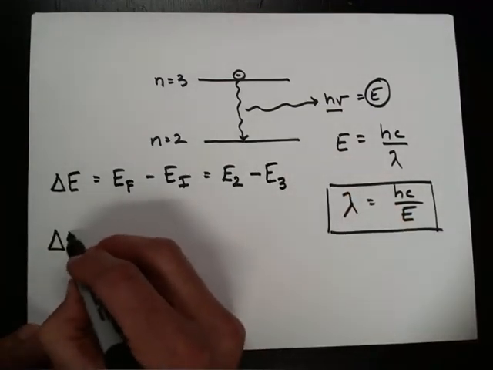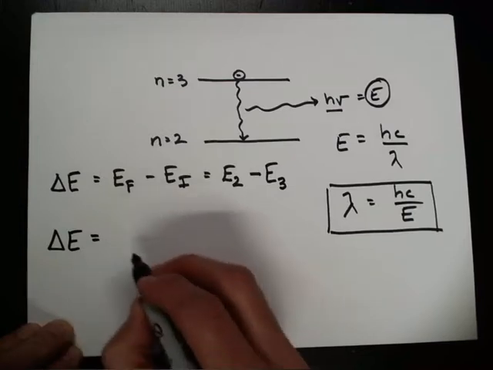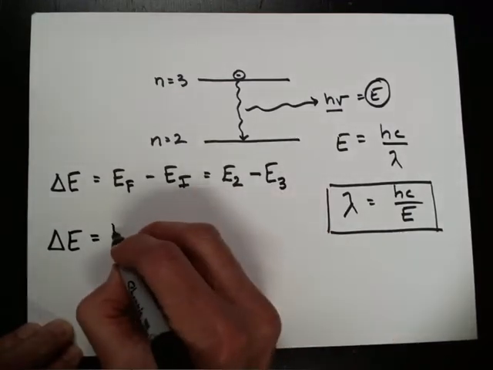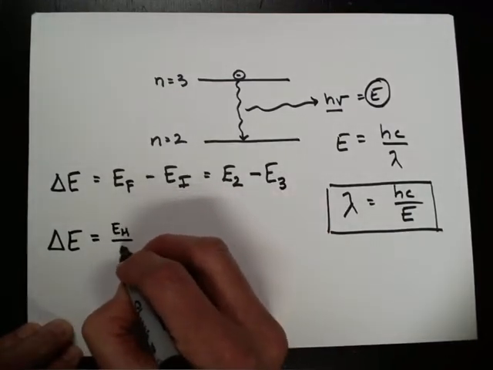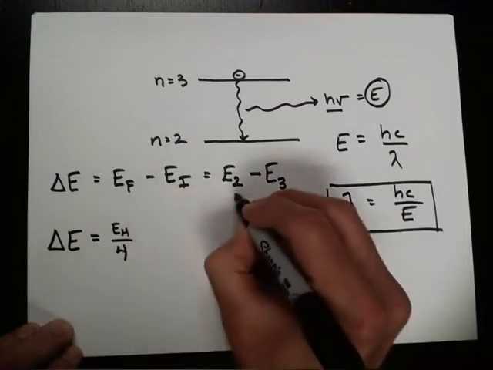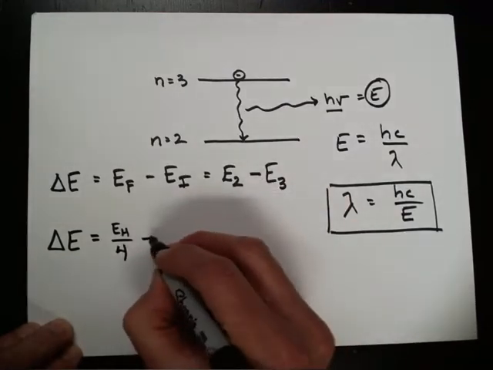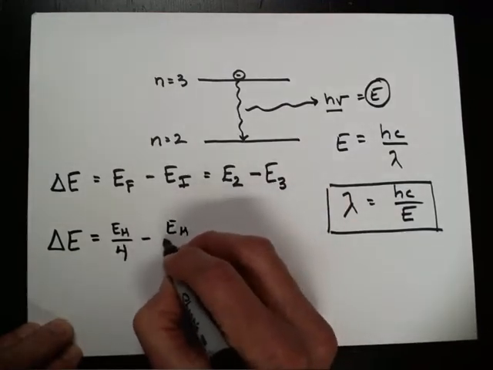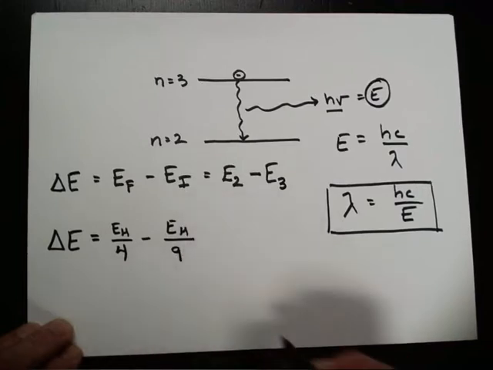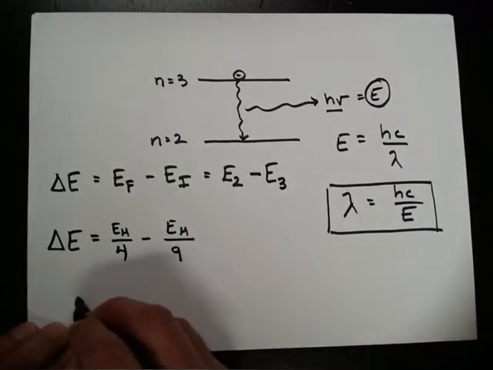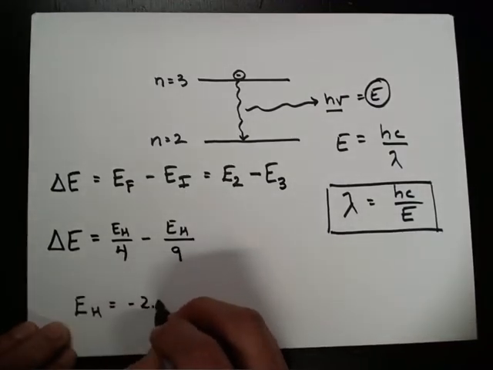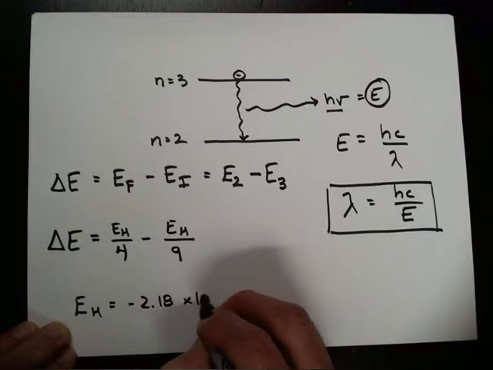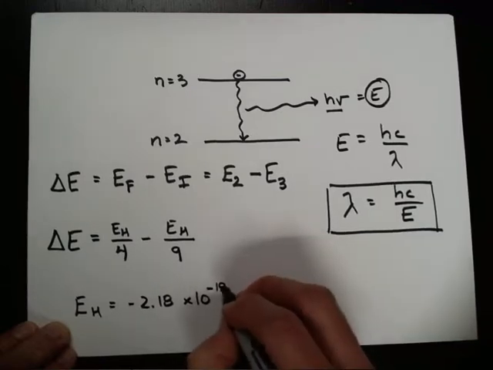So let's see, delta E is going to be E2, which will be EH over 4, because it's 2 squared, minus EH over 9, because it's 3 squared, where we remember that EH is negative 2.18 times 10 to the negative 18 joules.